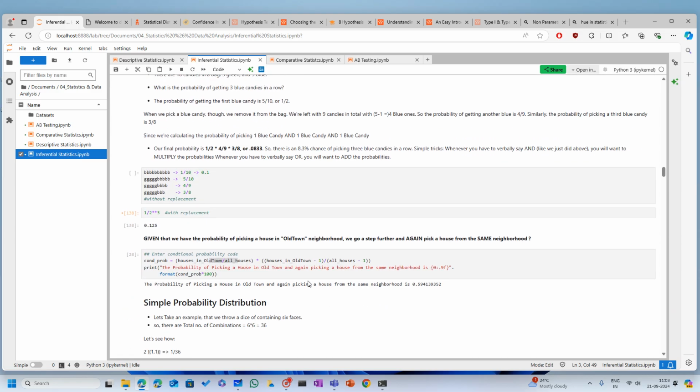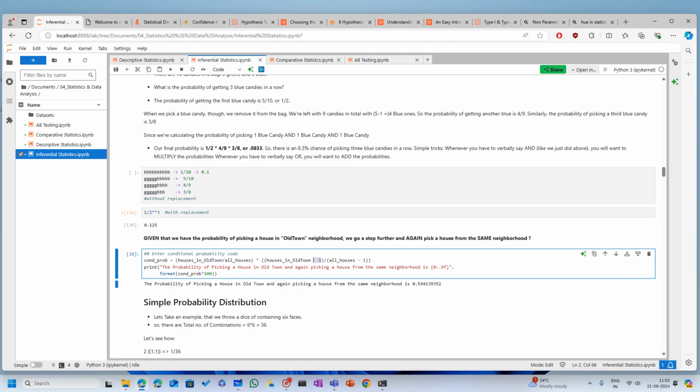That's why this value is subtracted by 1. And from all houses also you'll subtract 1, because out of all houses one house is already taken. Now if you calculate, the probability is 0.59. The probability of a person picking the house from the same neighborhood is 0.59 with this formula.